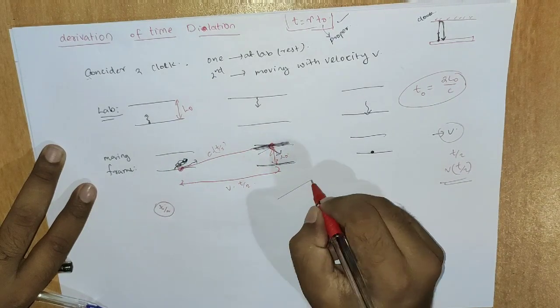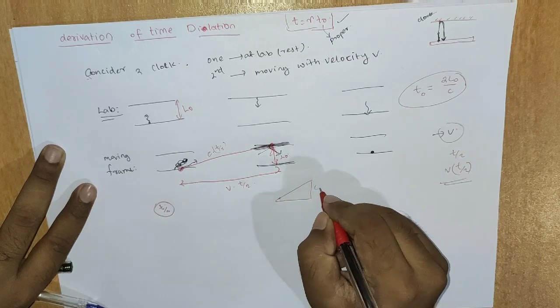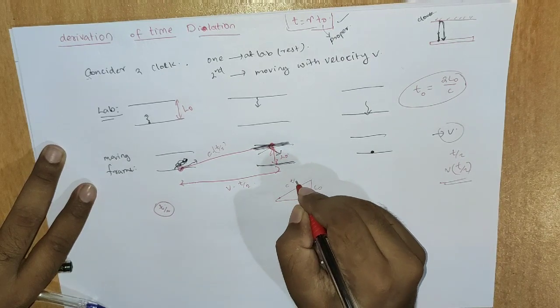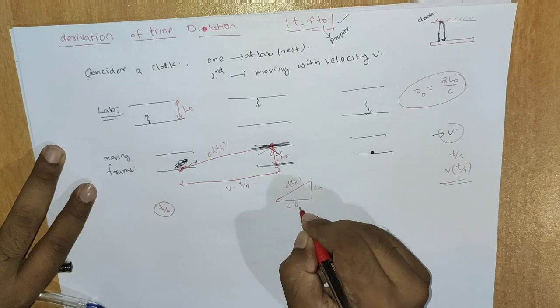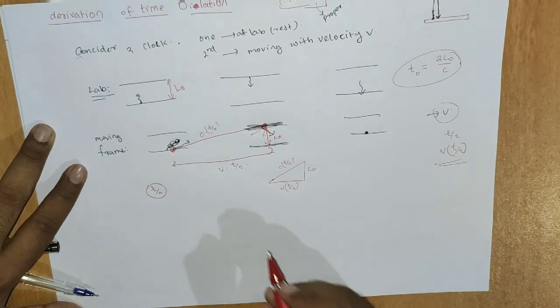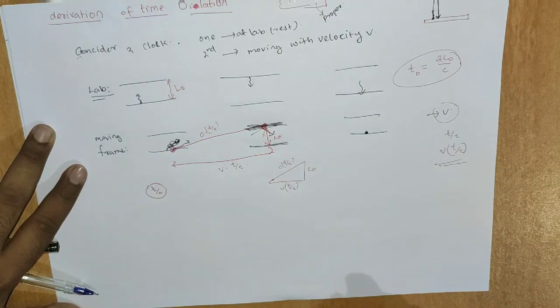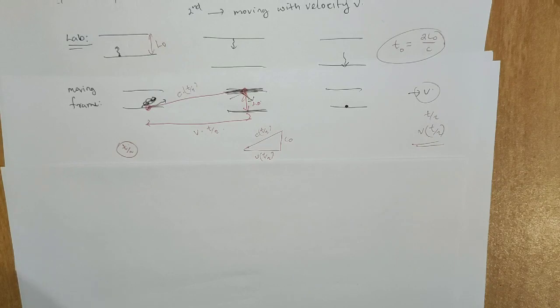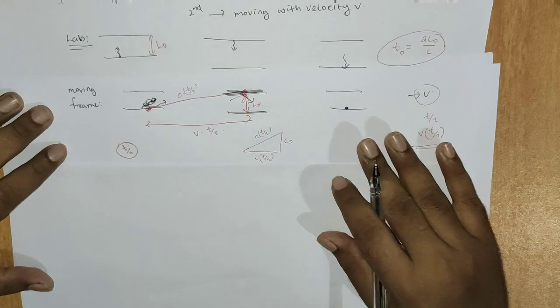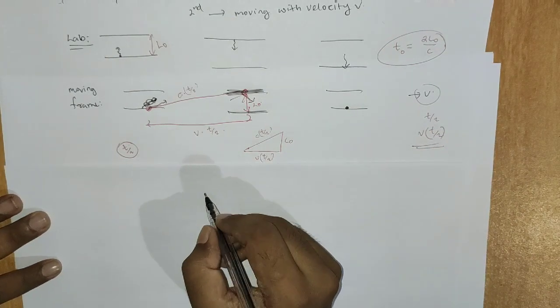So this is like a Pythagoras. This is like a triangle: L0, and this is c into t by 2, and this is v into t by 2. Apply Pythagoras theorem. This square plus this square equal to this square. Simple. Now from this triangle by Pythagoras theorem we can write like this.